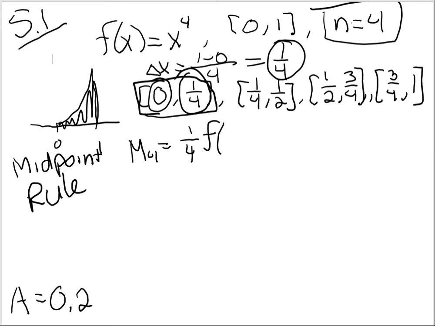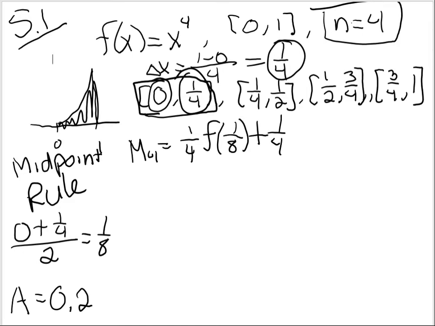And how do we get the midpoint? Well, if you remember, the midpoint between 2 points is you add them up and you divide by 2. In the first case, you would get 1/8. And for the second one, it would be 1/4 plus 1/2 divided by 2, or 3/8.